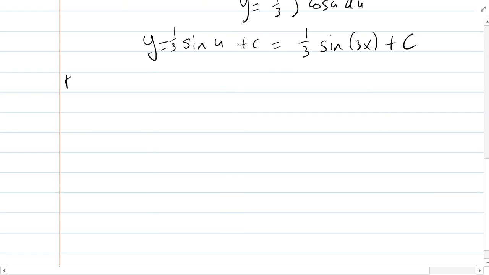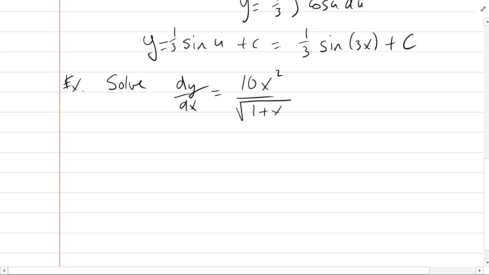This is example 2. They say solve, and they give you dy/dx equal to 10x squared over the square root of 1 plus x cubed. How do I solve that differential equation? Once again, am I going to integrate it to get y?